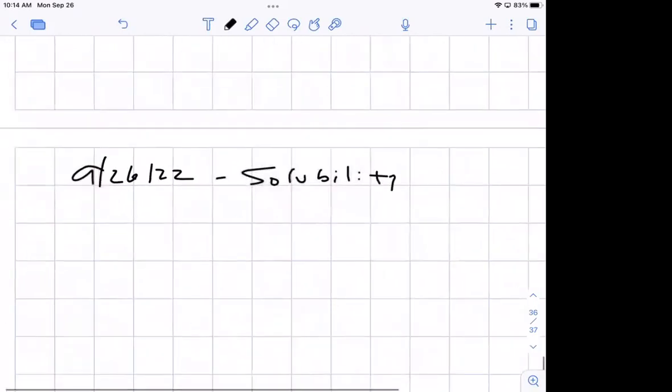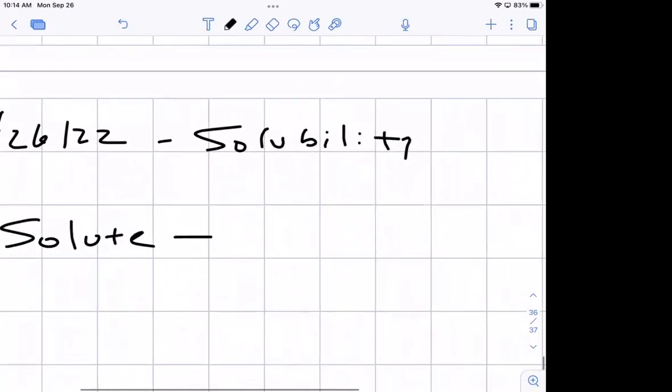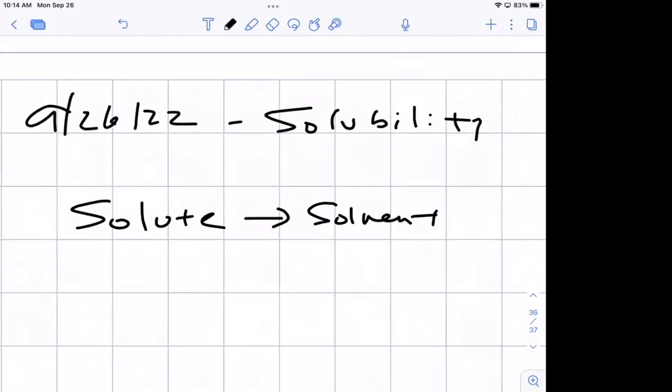Right. So with solubility, what we're talking about is a solute being dissolved, or if it's a solid, you dissolve it up, or if it's a liquid, it would be soluble.